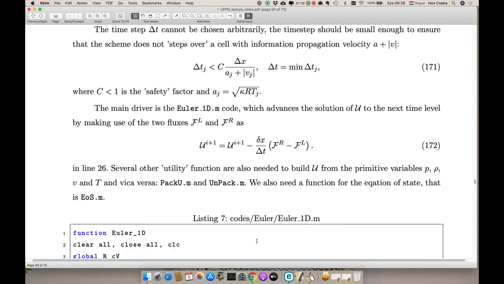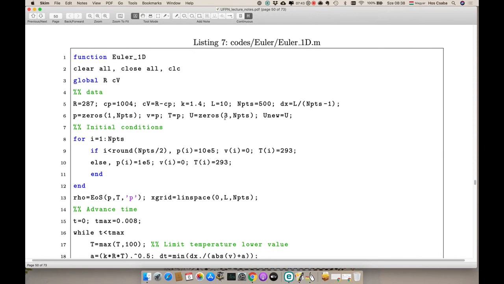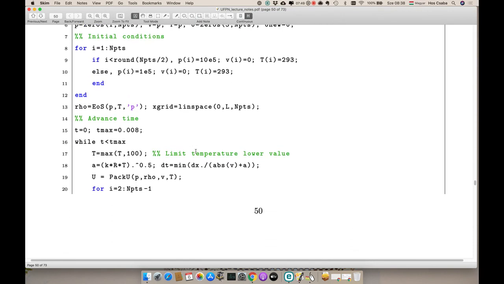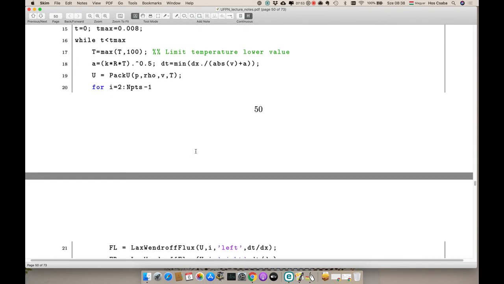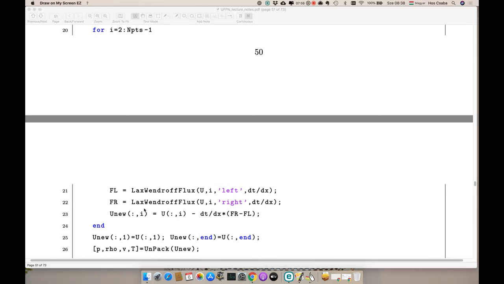Don't forget that this is a second order technique, and I've added some codes, a very simple solver which uses the Lax-Wendroff technique. So essentially, there are a couple of things I would like you to see. So this is the main step here. I don't have a source term in this code.